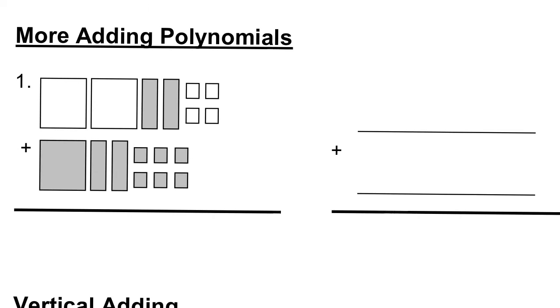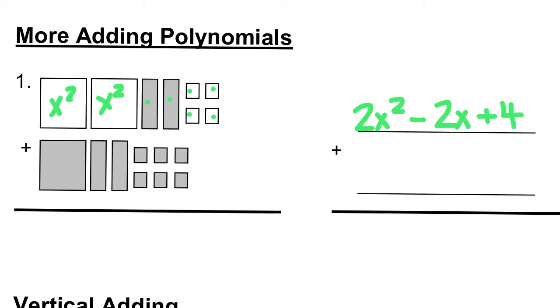So we have more adding polynomials. Let's first start with representing the first term. In the first term we have 2x squared, and notice these are the x's, but they're negative. So it's minus 2x, and there are 4 units, so that would be plus 4.